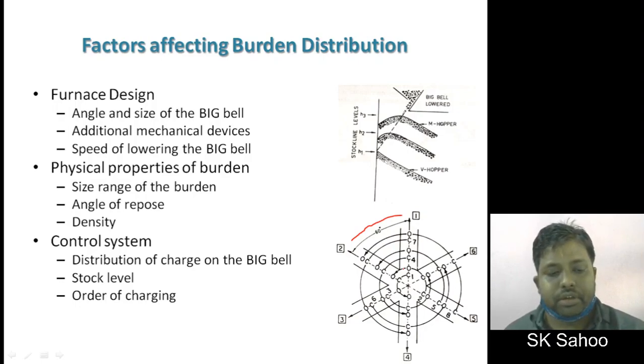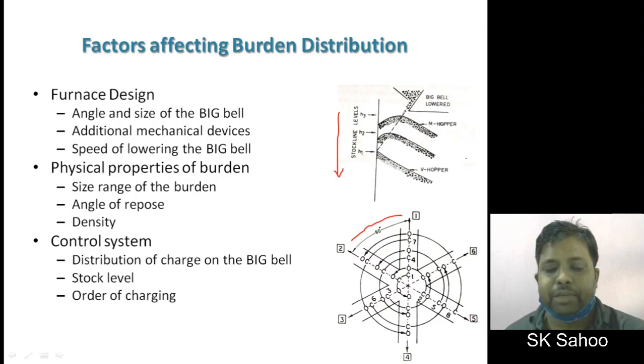As the blast furnace is a continuous process, the stock line goes on descending, and the hopper alters as per the figure. So when the raw material sinks, the contour also changes. When it is near the big bell, it is an M type contour, then gradually it will be converted to a V type contour.